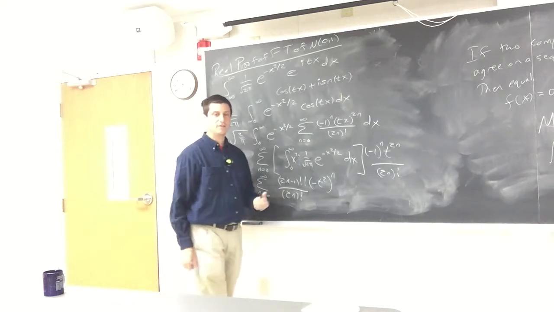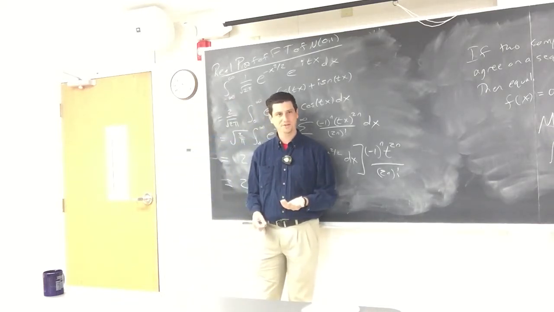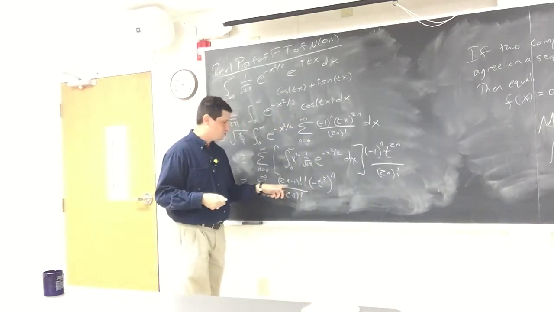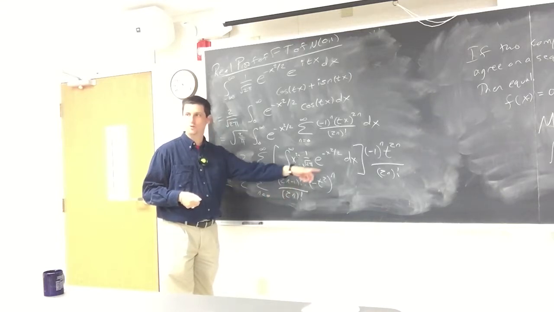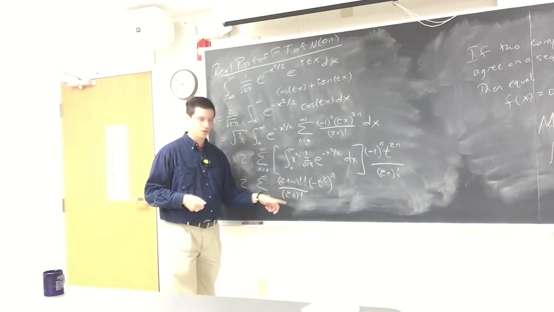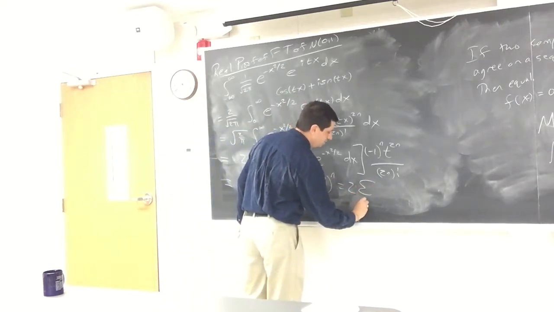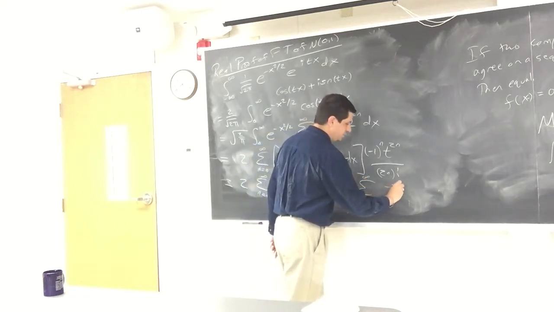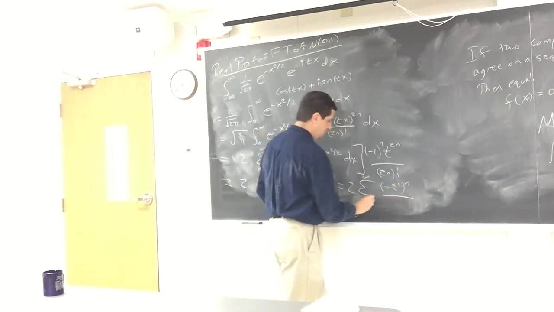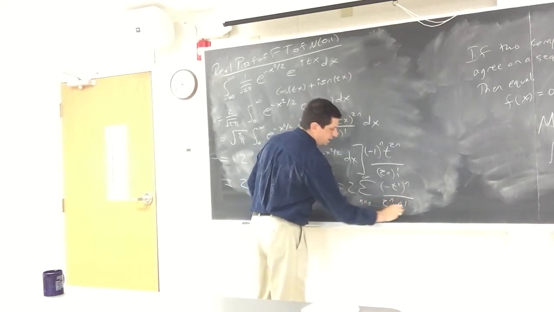Evens. And so I can write the evens as 2, 4, 6, 8, all the way up to 2n. For each even, I pull out 2. And so I get 2 to the n times 1, 2, 3, 4, 5, all the way up to n. So after a little bit of algebra, this is just 2, the sum n goes from 0 to infinity of negative t squared to the n, and then I'll have 2 to the n factorial.